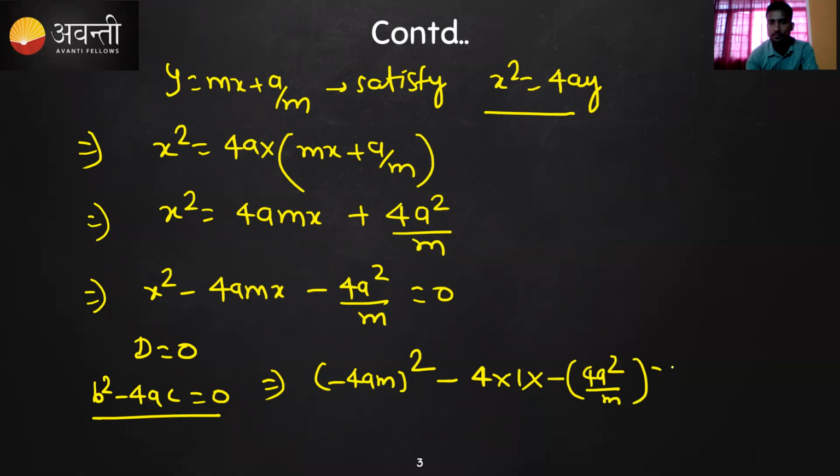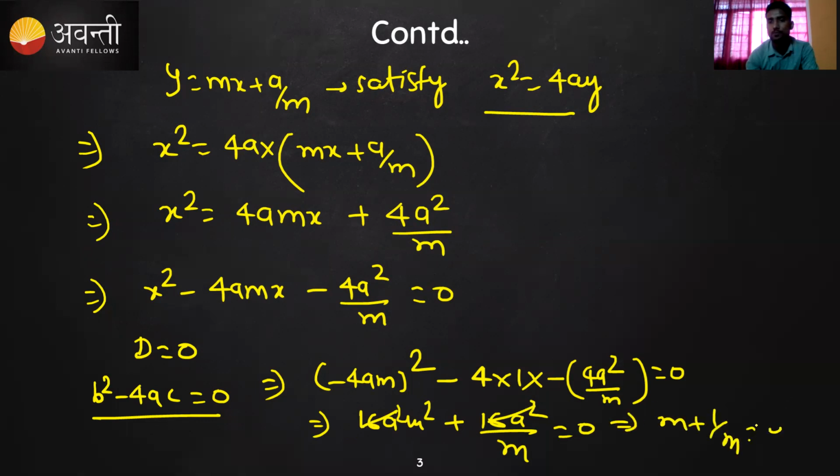This is equal to 0. So from here we get 16a square m square plus 16a square divided by m is equal to 0. This a square will be cancelled out, and we get m plus 1 by m is equal to 0.